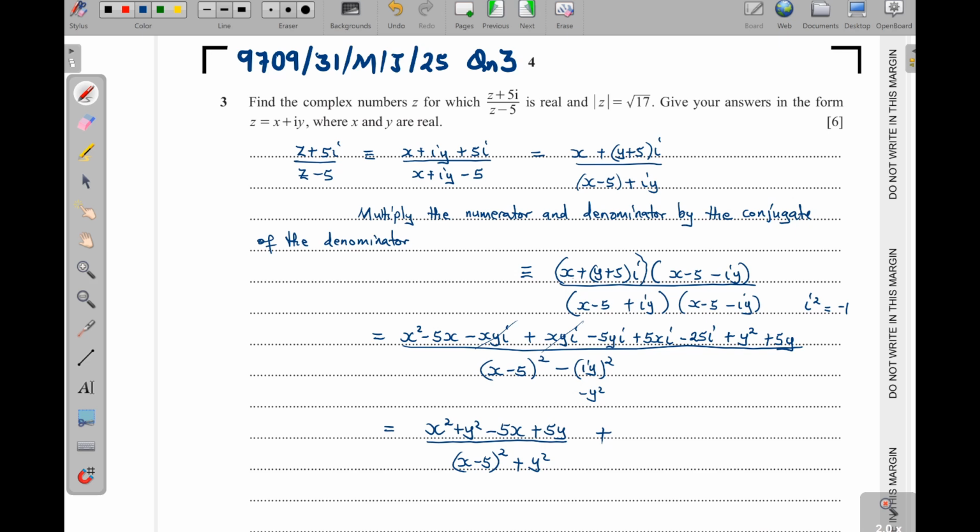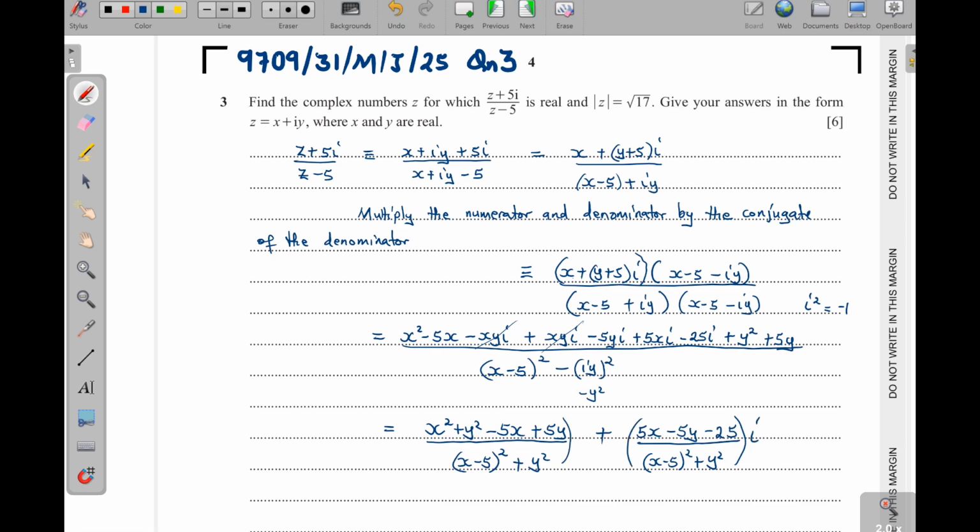So the imaginary part, we look for those entries that have gotten what? i. So there is 5x, which is here, then minus 5y, then there is minus 25. You see that? And this one is going to be over x minus 5 squared, then plus y squared, and this one here is i.